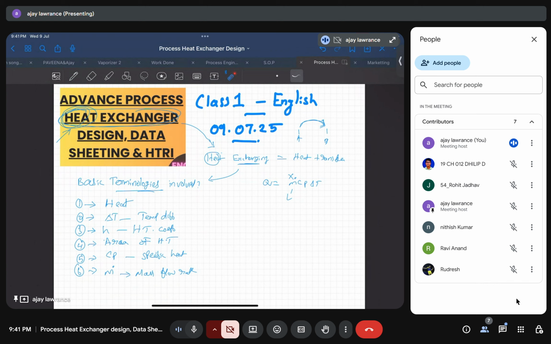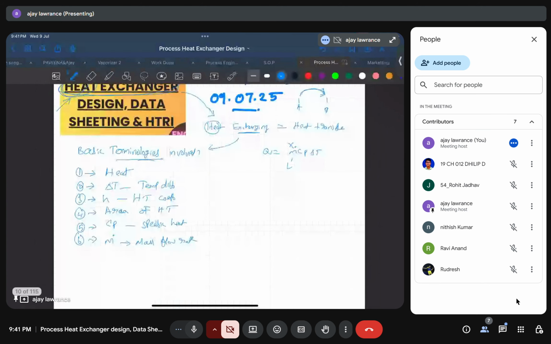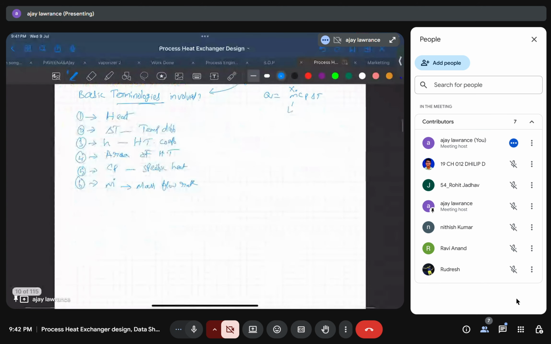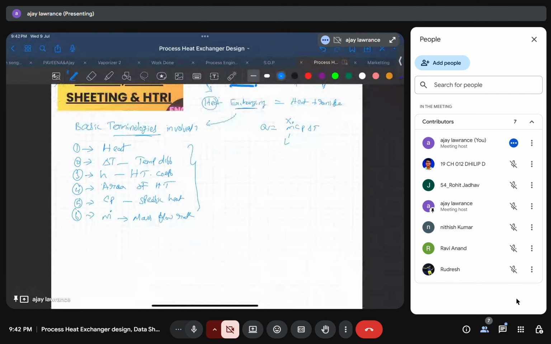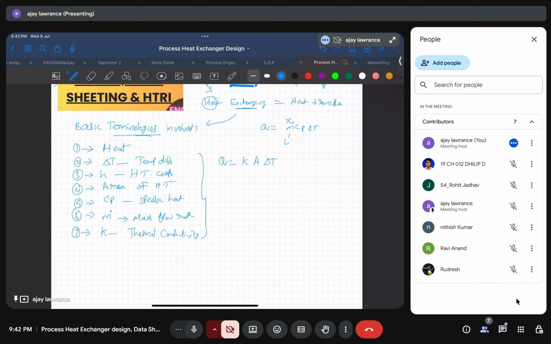Okay, fine. So now let me write three equations. As of now, you keep all these things like this only. One is Q is equal to K A delta T. K is thermal conductivity. Q is the rate of heat transfer.